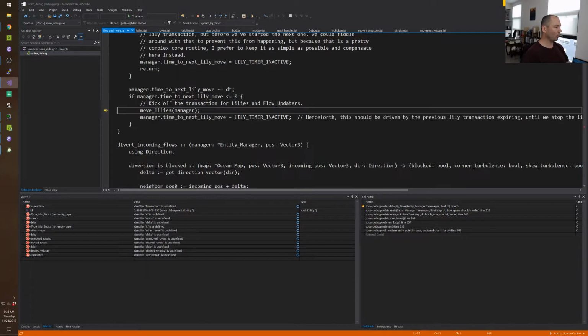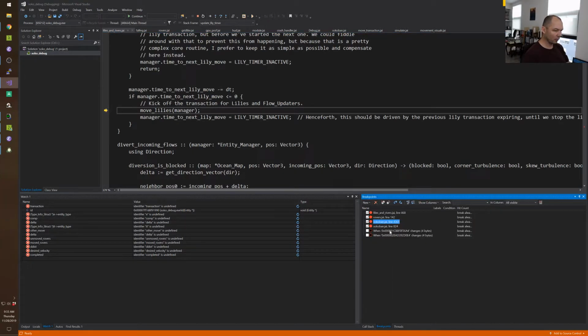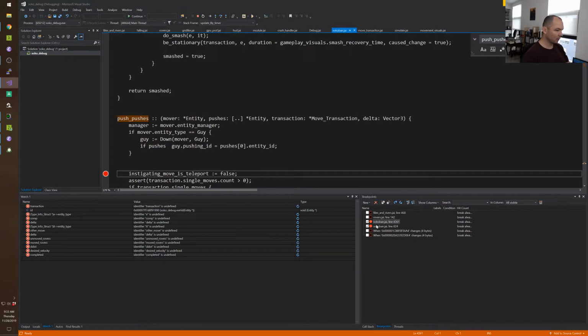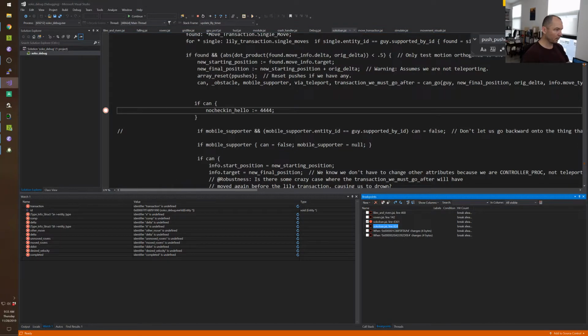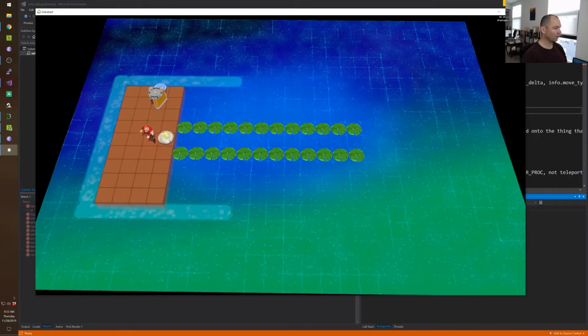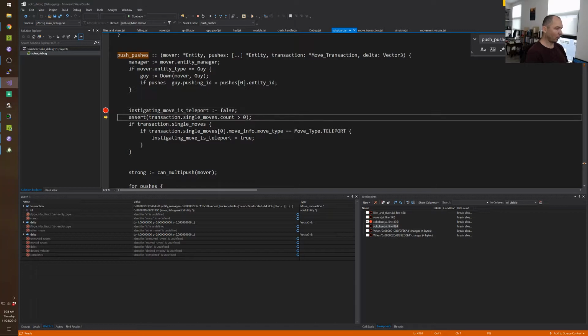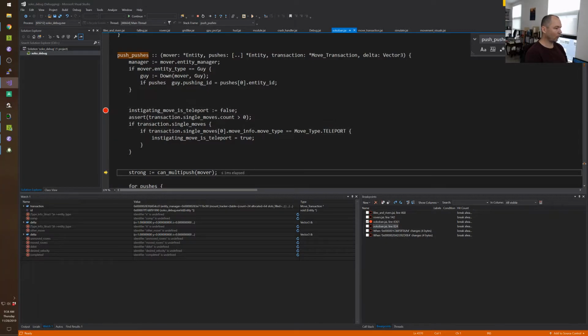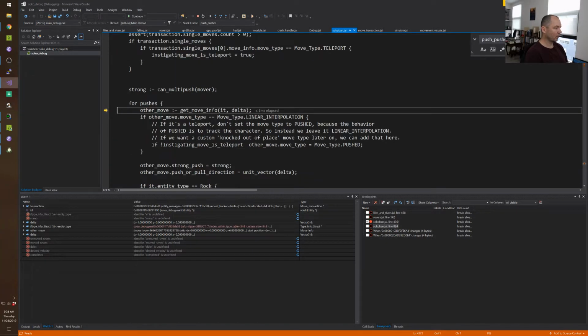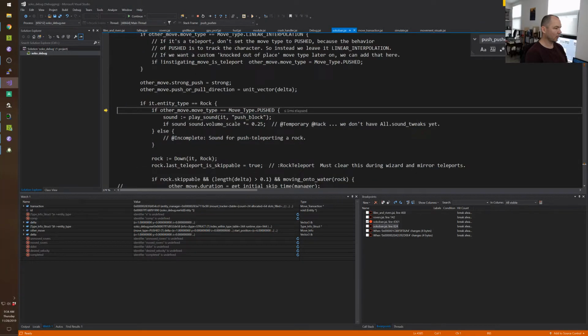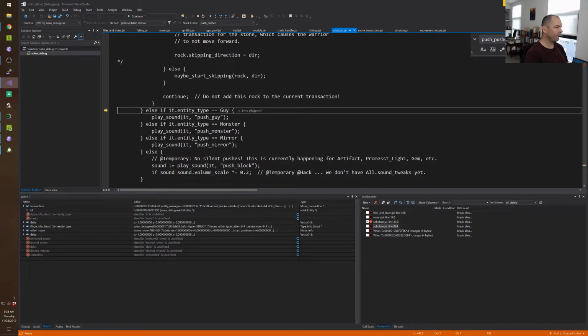No, we don't want our old breakpoints. Okay. Okay, so we're pushing this rock. Uh-oh.